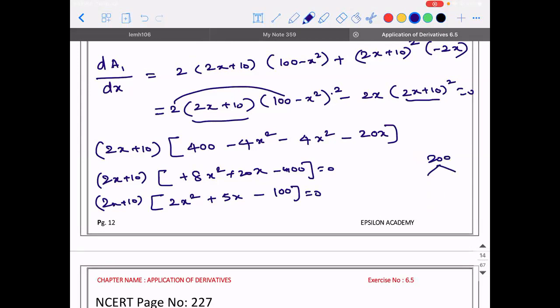Check it again. 10 into 20, then 15 will not come, 20, 30 will not come, 40 into 5. But I need 5 here, no? So what should I do?